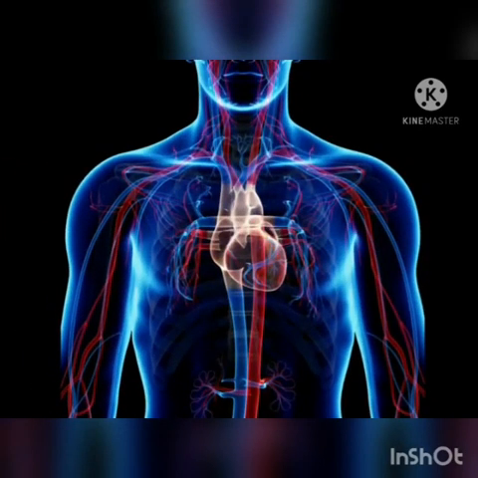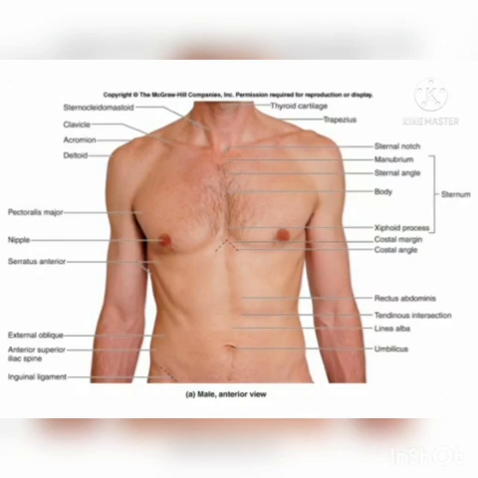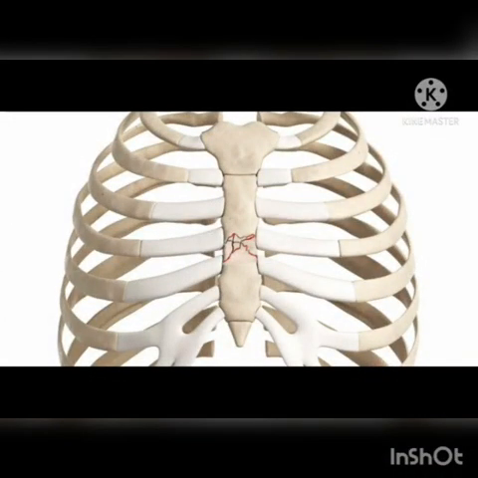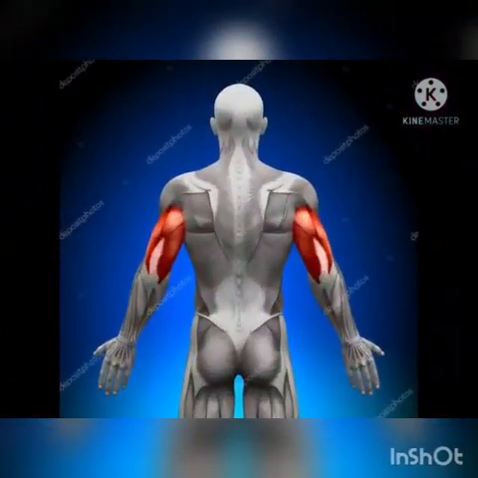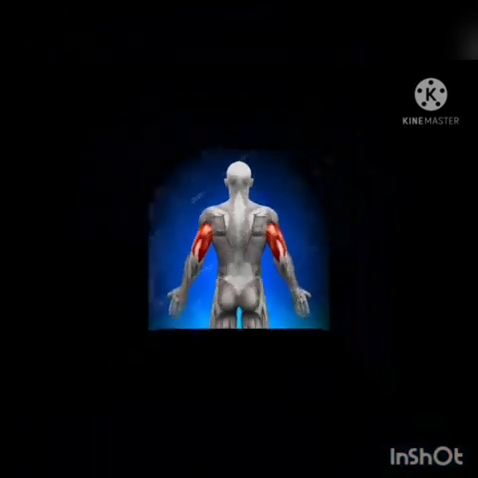For that, for example, I have projected a picture for you. In this you can appreciate the sternum, and the outline of the muscle is visible very well.